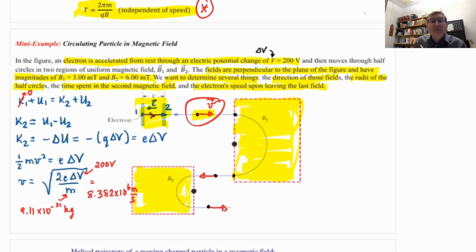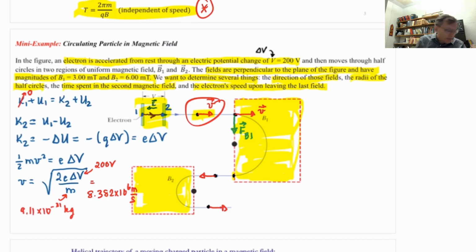All right, let's figure out now how to get it to circulate in this circle, like so. There's its velocity right at the moment it enters the field, but it's going to circulate clockwise around the center of that half circle. So at that moment in time up there, it must have its magnetic force, FB1, I'll call it, downward at that one moment right there, when it starts that half circle.